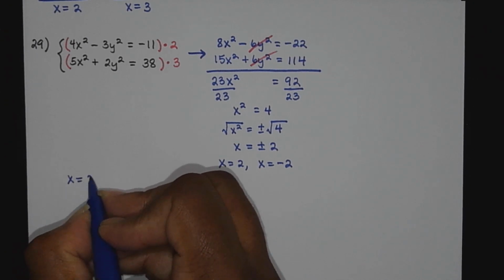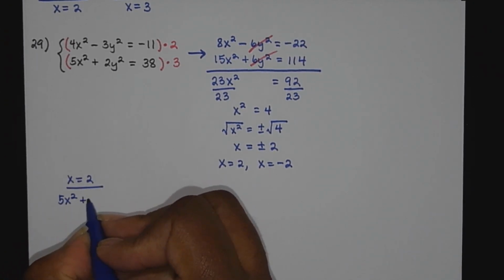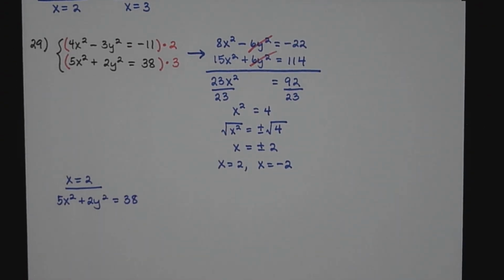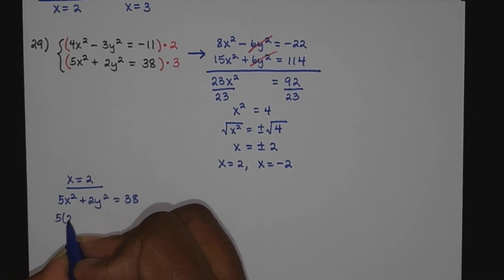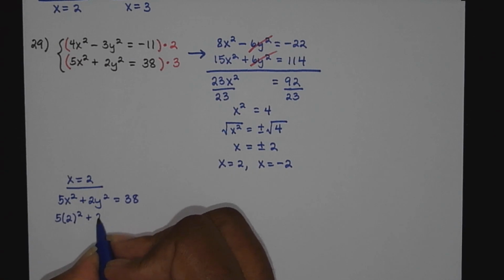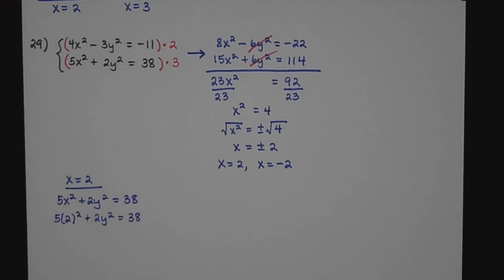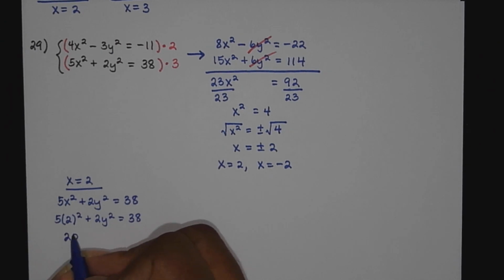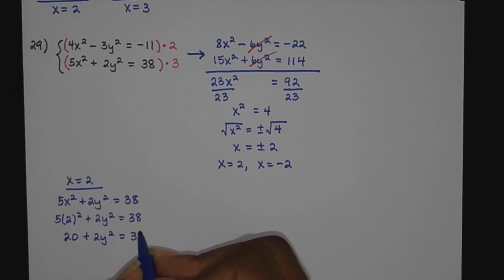Starting with x equals 2, I'm going to use 5x squared plus 2y squared is equal to 38, and replace the x with positive 2. So it'll be 5 times 2 squared plus 2y squared is equal to 38. Using order of operations, if I square the 2, that's going to be 4. 4 times the 5 in front will be 20. So I got 20 plus 2y squared is equal to 38.